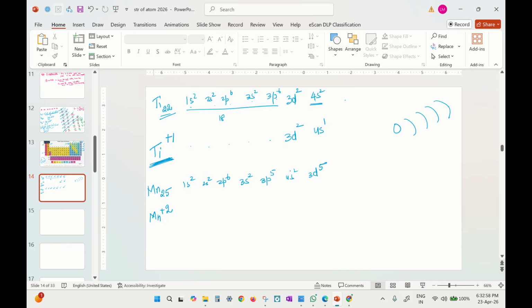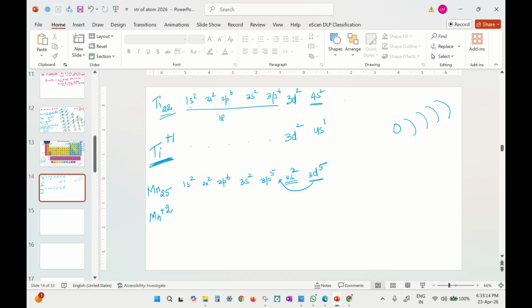But is the 3d really located in the outermost region? We filled 4s first, then only 3d, but that doesn't push the 3d to the outer place. It's still part of the third shell.